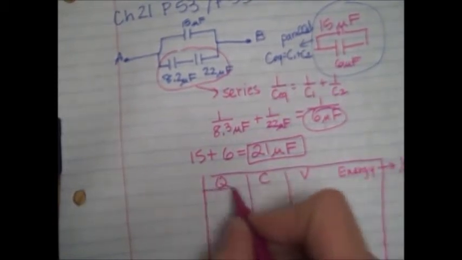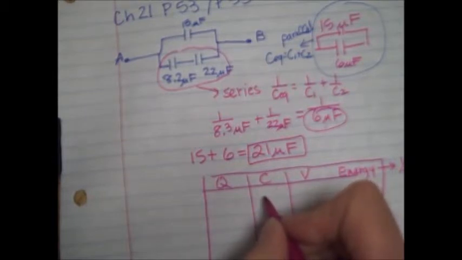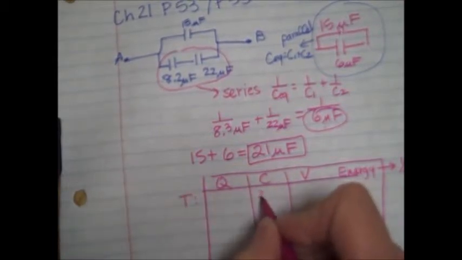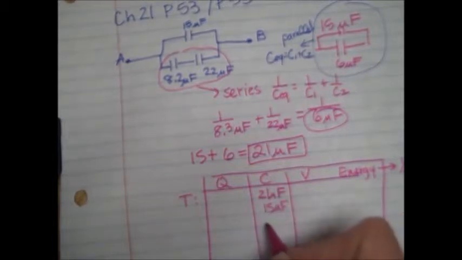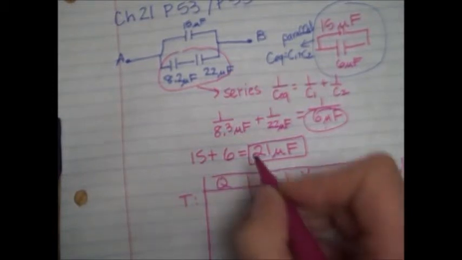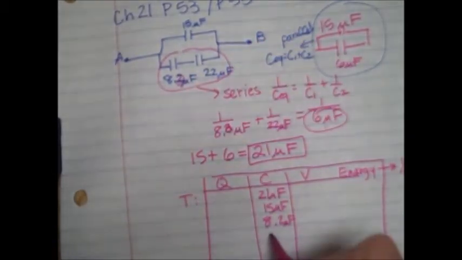We'd have the total of 21 microfarads, and then we'd have a 15 microfarad, and we'd have the 8.2 microfarad. Sorry, I don't think I could read my handwriting up there. This must be 8.2. And we have the 22 microfarad.